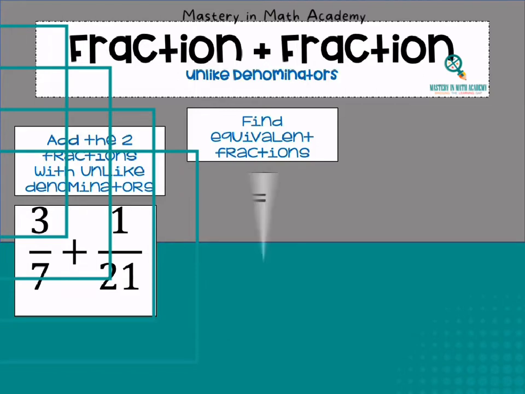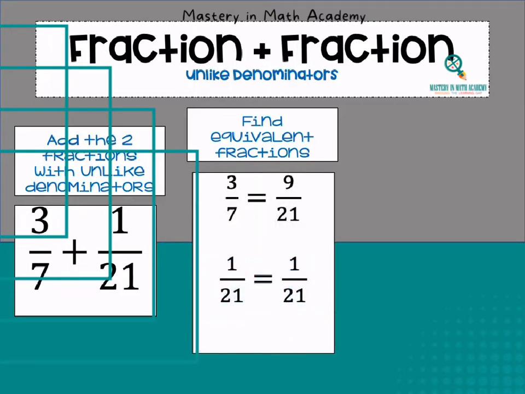So you find equivalent fractions of 3/7 and 1/21. We know that 3/7 is equal to 9/21 and 1/21 is equal to 1/21 because that's a unit fraction, because your numerator is 1. We already know what to do. You find your least common multiple of your denominators by finding multiples of them. And we have 7, 14, 21, 28, 35.